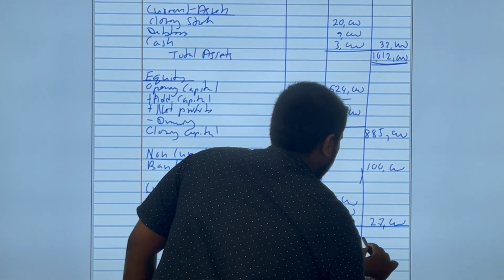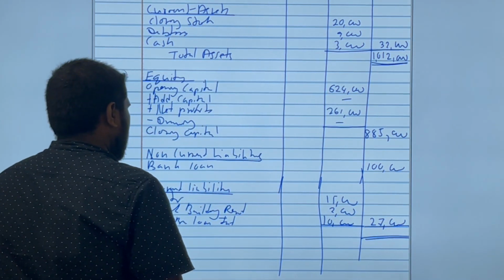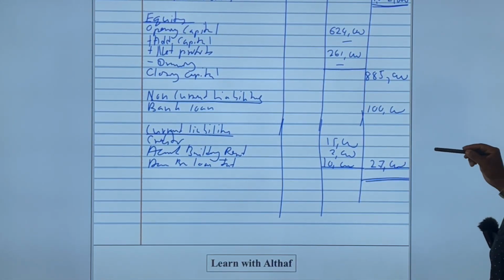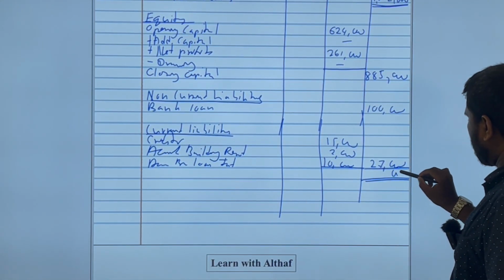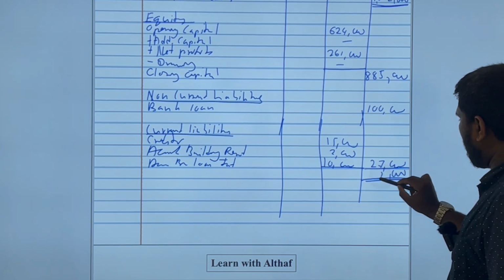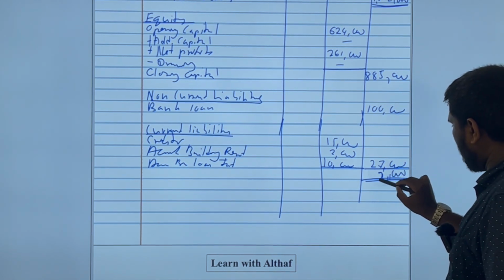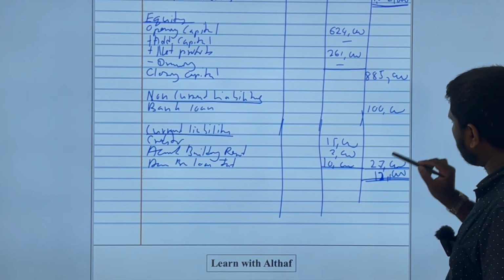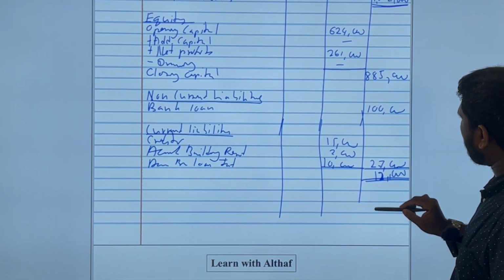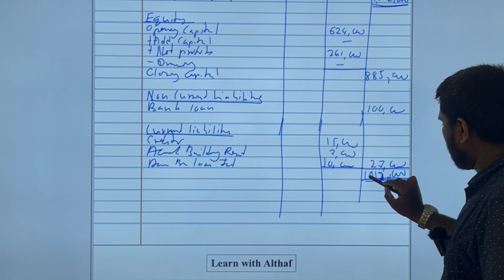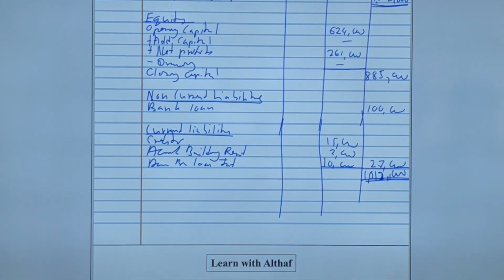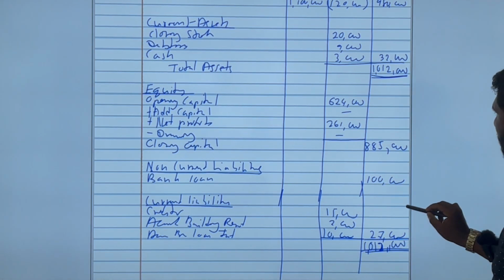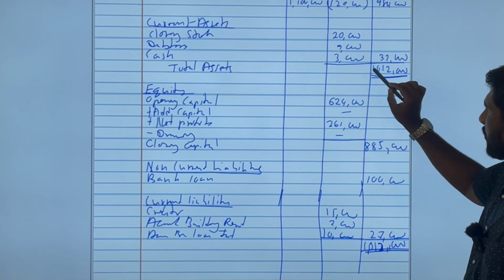Total current liability 27,000. Then here total equity and liability, how much is that? 1,012,000.